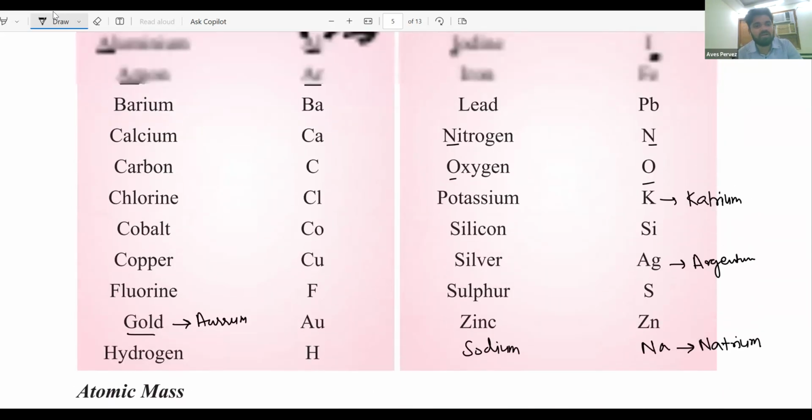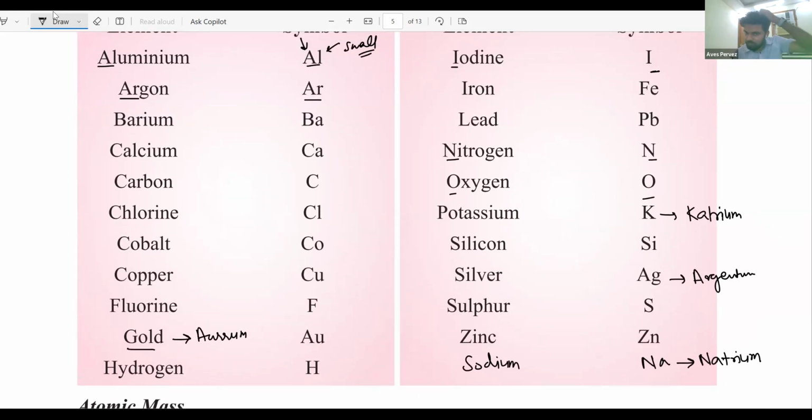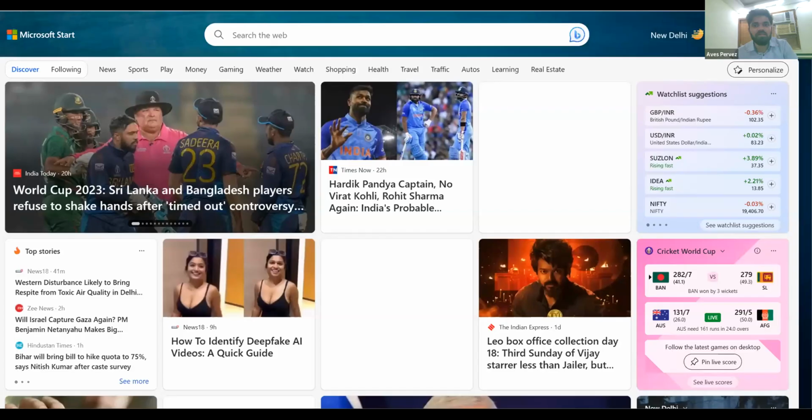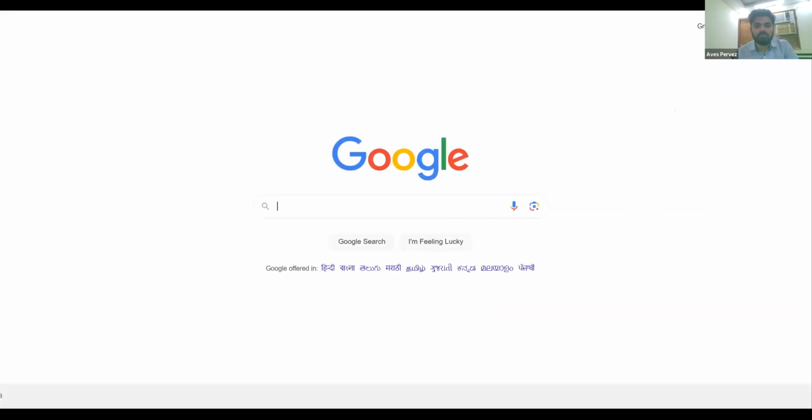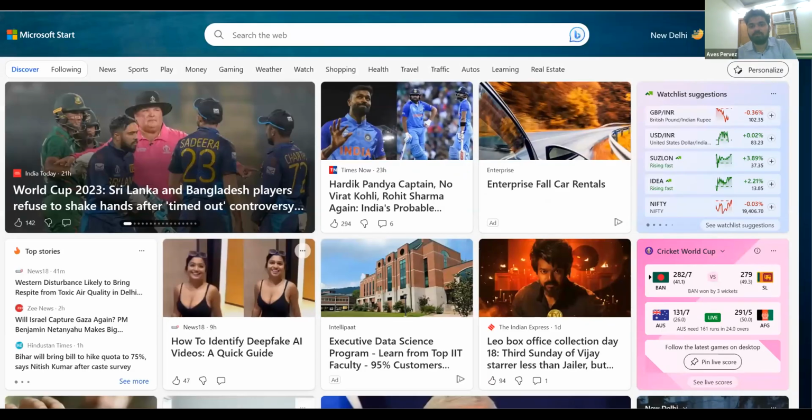So you can easily copy it from NCERT. Let me show you this portion in the NCERT. Wait a minute.